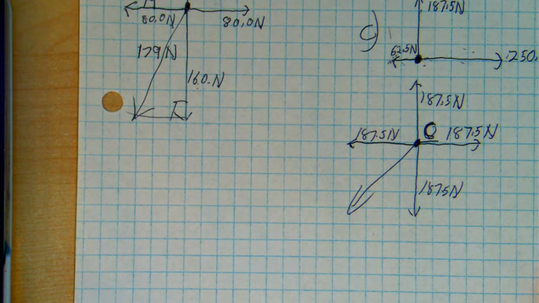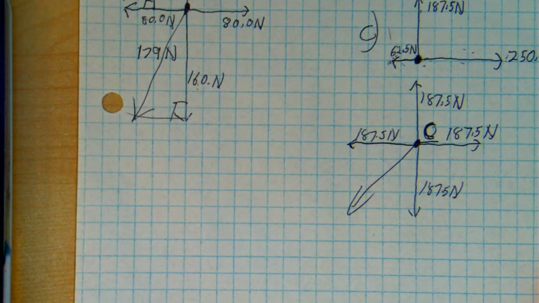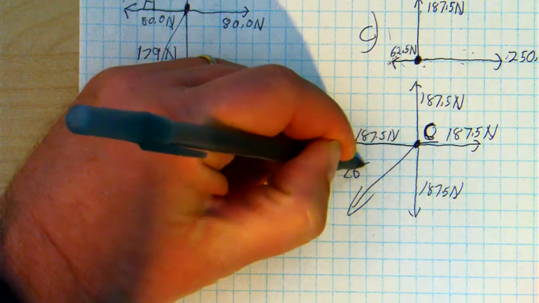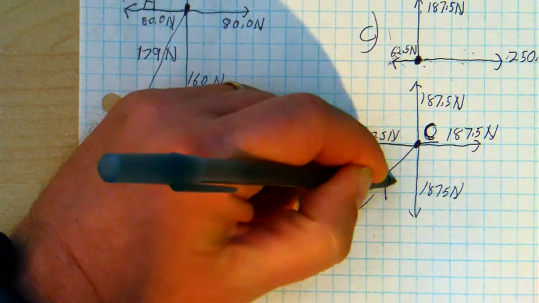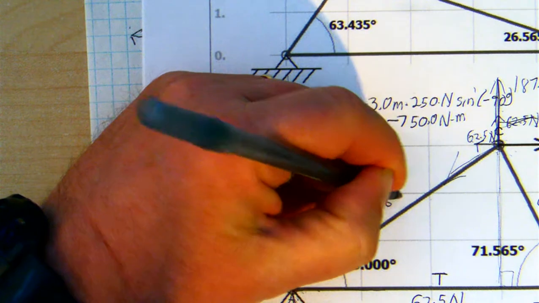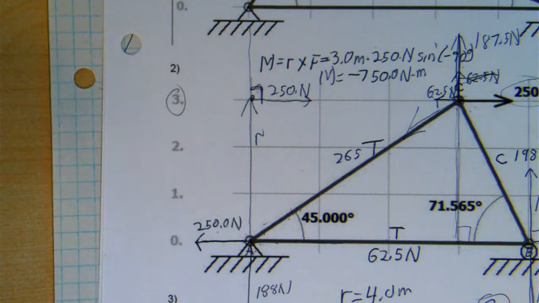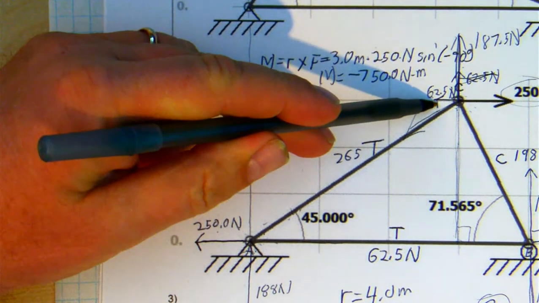The square root of 2 times 187.5 squared is 265 newtons, and this is under tension. 265 newtons of tension is the reaction in truss member AC.